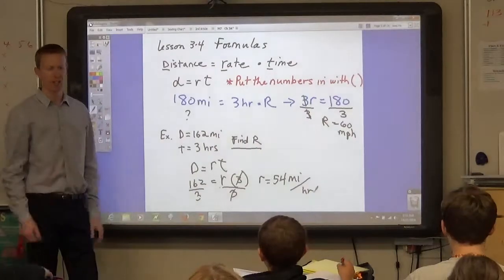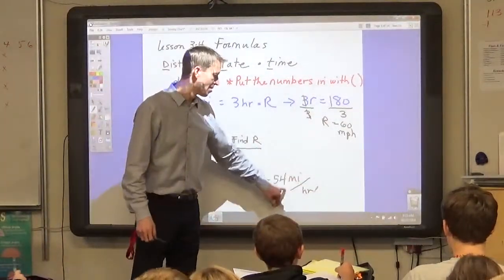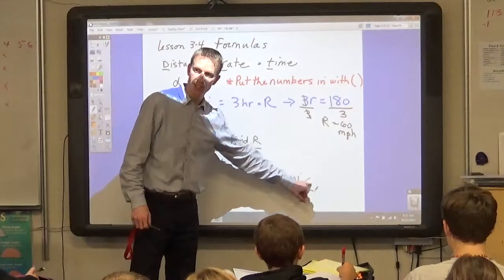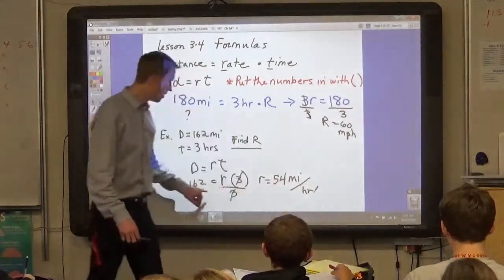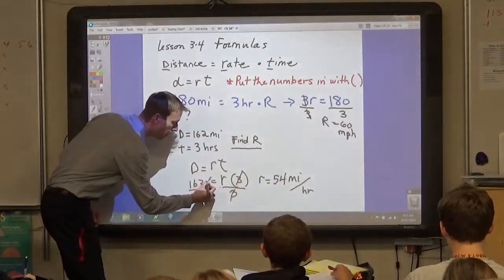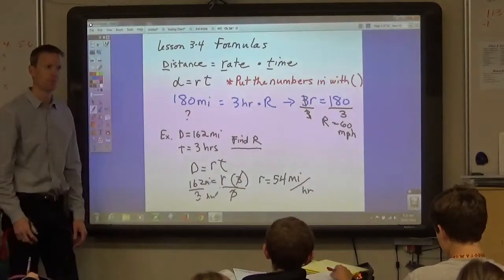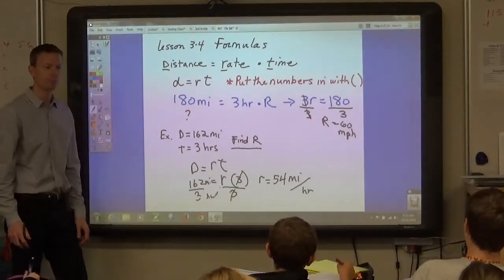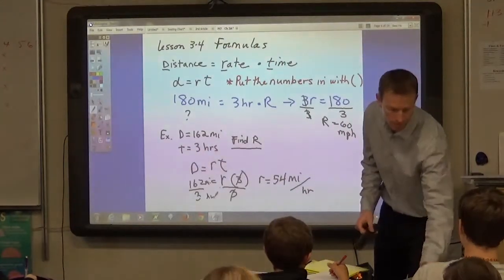MPH is used a lot in the real world out there, but in math, we should write this slash means per, okay? And it also shows that miles is on the top line and hours is on the bottom line. Okay? So that's why we want to write it that way.